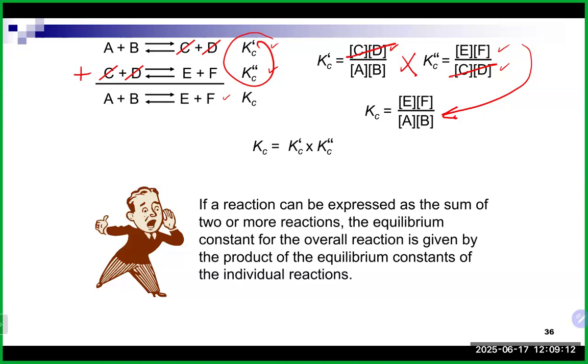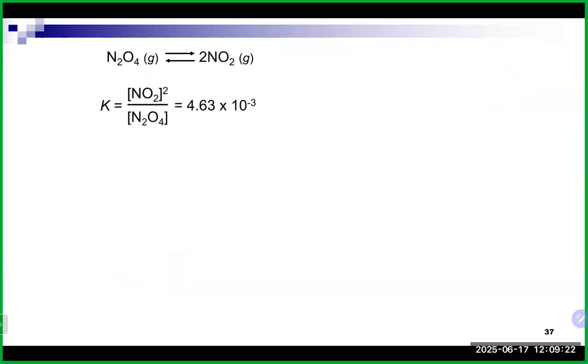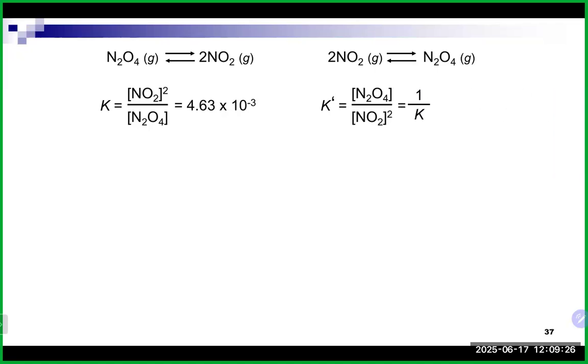Another couple common things that you could do to these types of reactions is, for example, maybe you don't need the reactants on the reactant side, but you need them on the product side and vice versa. You can reverse a reaction like we see here. And when we reverse a reaction, if we have this reaction written as so, we take our products over our reactants and we get our K value.